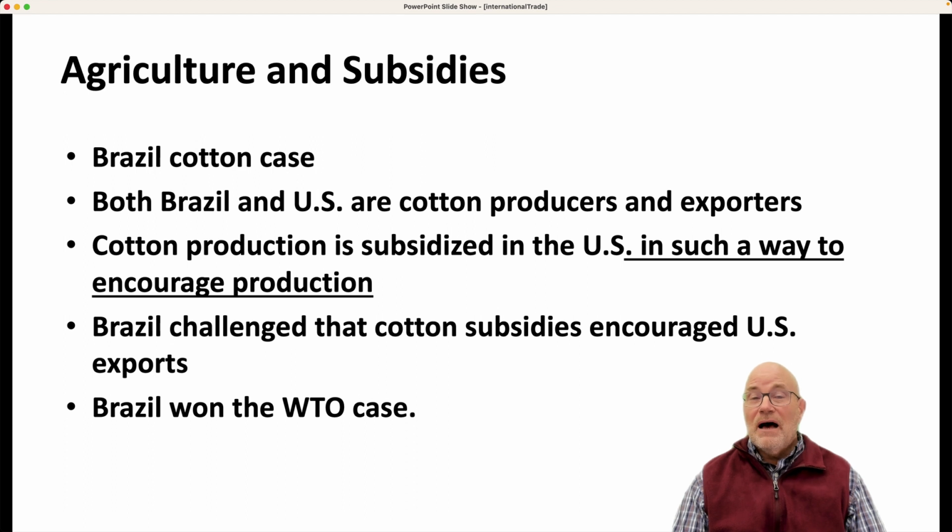Subsidies are allowed under trade agreements, but they can't encourage production. Cotton had specific subsidies that encouraged production. Brazil challenged those cotton subsidies that encouraged U.S. exports, and they won that case.